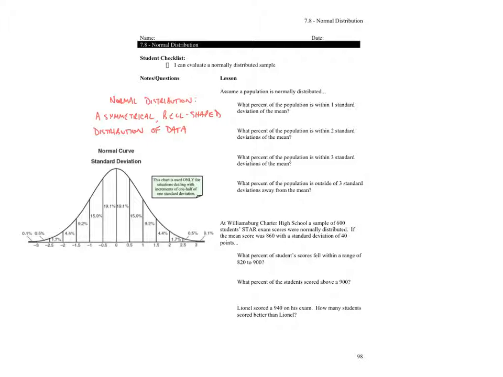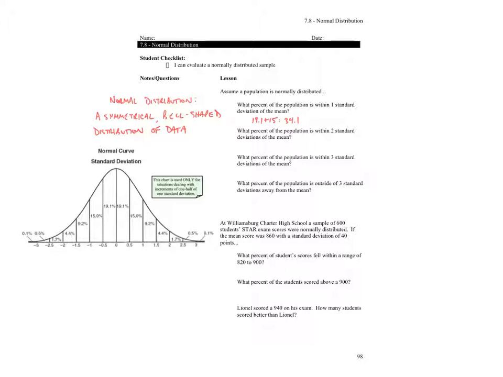What percent of the population is within 1 standard deviation of the mean? Well, we just talked about how above is 34.1, right? If I do 19.1 plus 15, that gives me 34.1. But that's only above. We also have this space below, right? It says within 1. It doesn't say which direction. So 1 above and 1 below. That would also be 34.1.